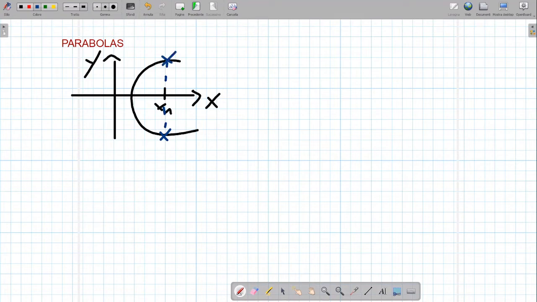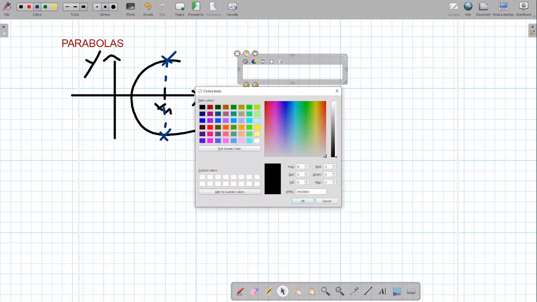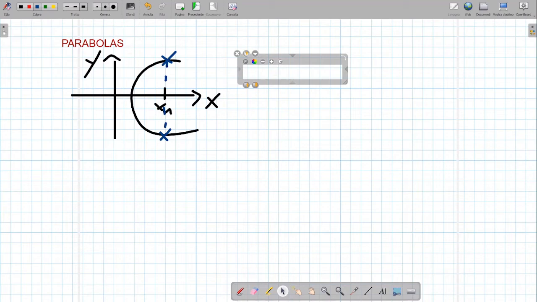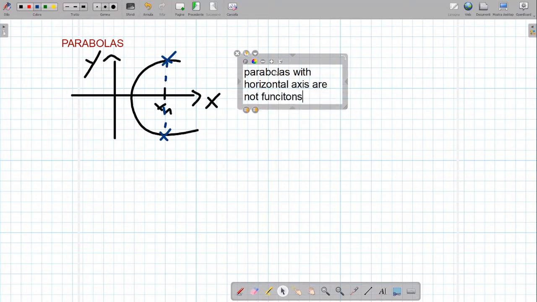So this is not a function by the definition that we have given. So we can just say and write that parabolas with horizontal axes are not functions. And I hope that this can be clear for everyone.